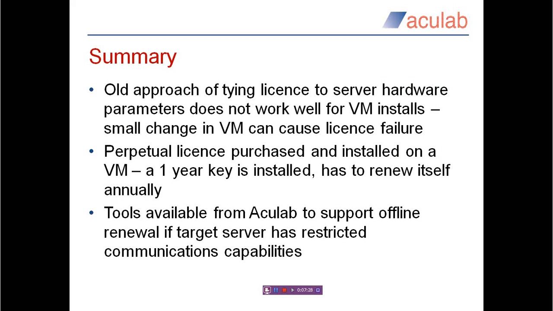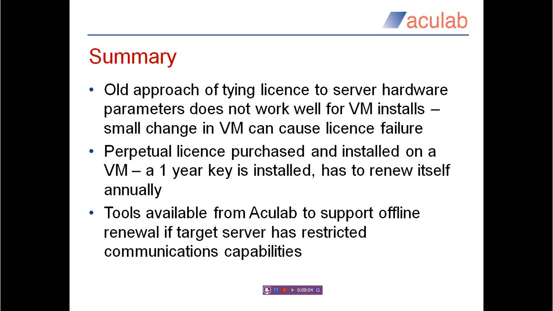So in summary then, the old approach we used, tying licenses to server hardware, doesn't work very well for virtual machines. Any small change in the virtual machine config can cause license failures. So what we've done is eliminated that happening, but the counter to that is the way we achieve that is to install a license that's got a timer and needs a renewal.